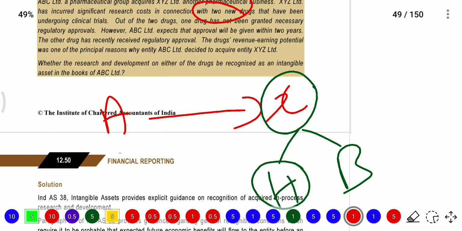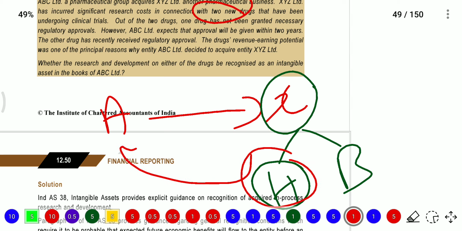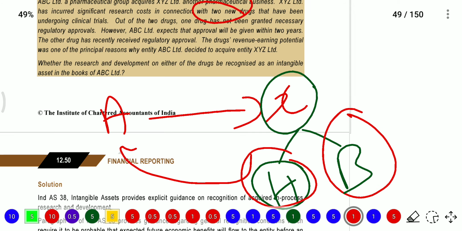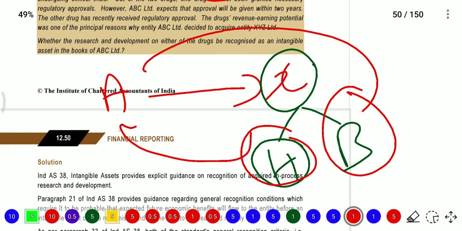The drug's revenue earning potential was one of the principal reasons why ABC decided to acquire. So why is it purchasing? Because one drug has got the approval and is able to generate revenue. The other has not got the license as of now, so it is not generating any revenue as of now.